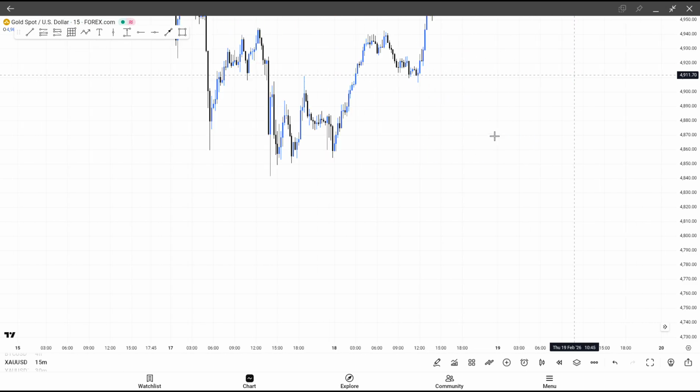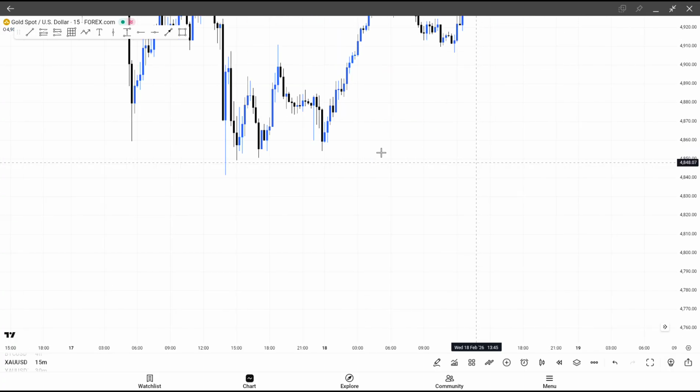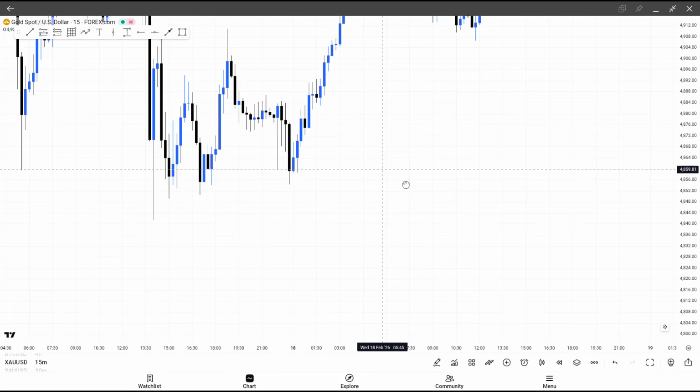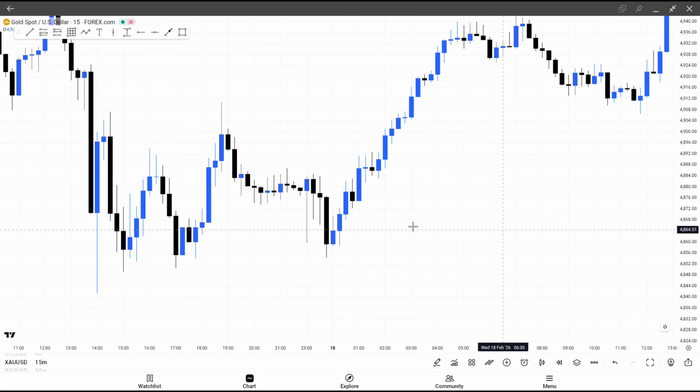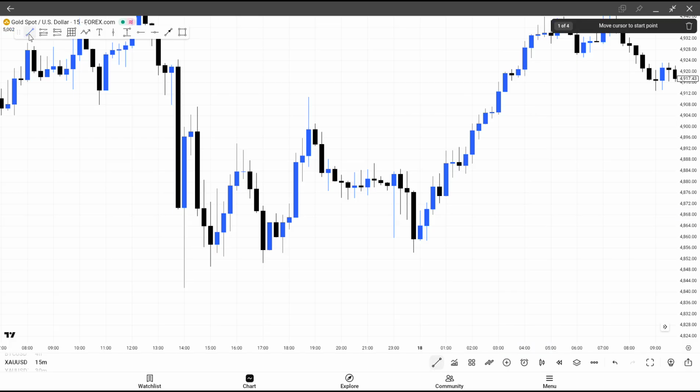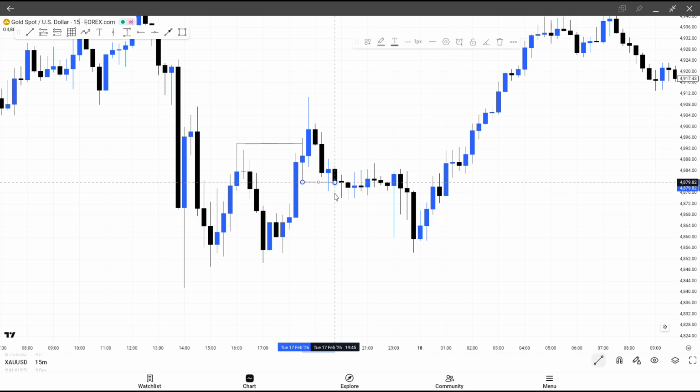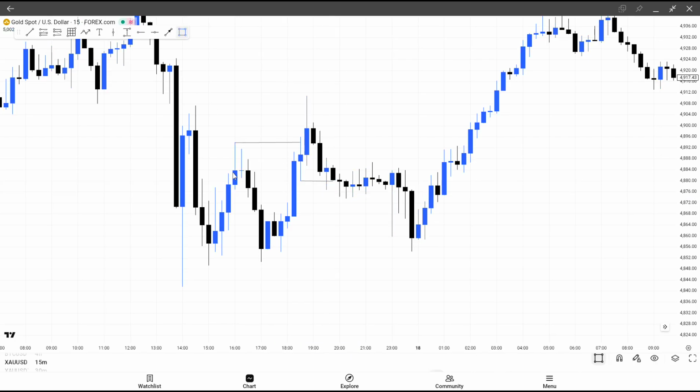Another example, this one is very easy. Pay attention. We have a breakover structure here. The first rule says there should be a breakover structure or double breakover structure. We have a breakover structure, and we have the inducement here. You can see the inducement, right? How many POIs do we have here?